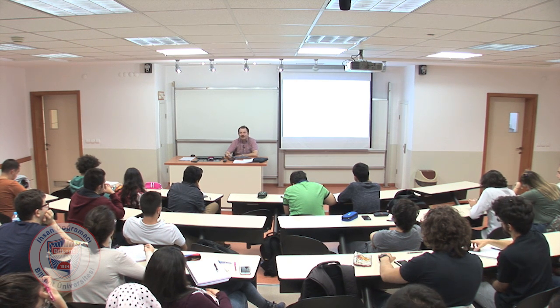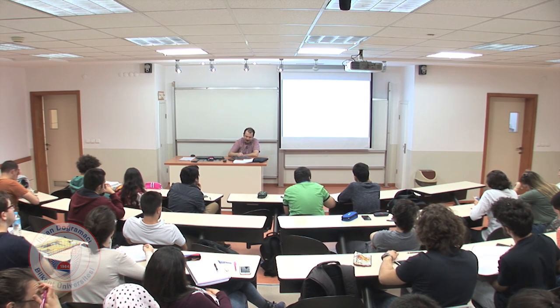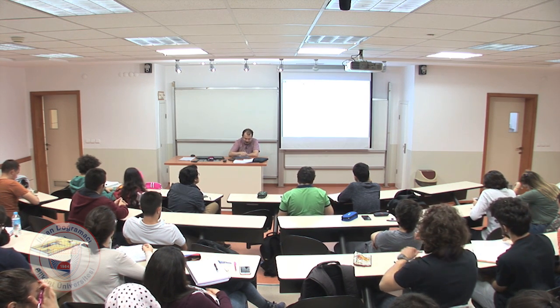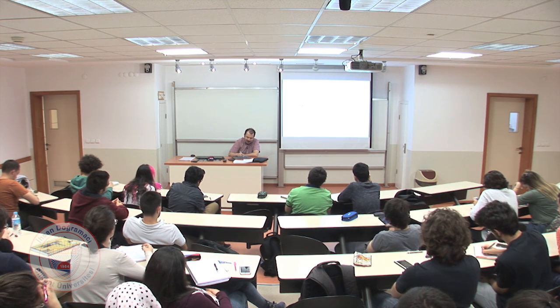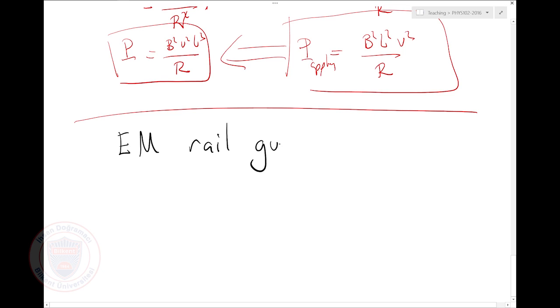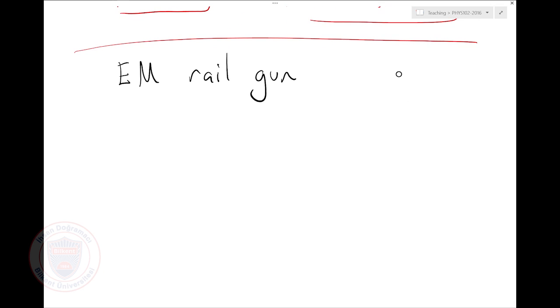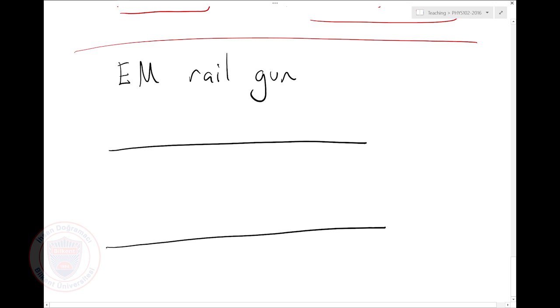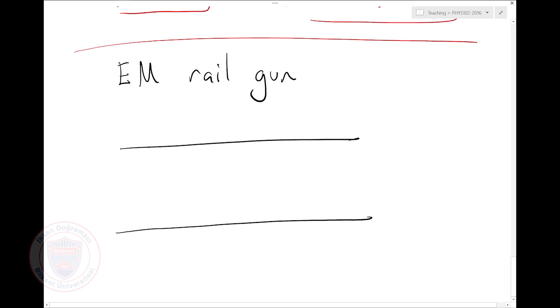Now there is a reverse object that's called electromechanical railgun. And this is a real object, that may one day replace the chemical guns that are on ships.